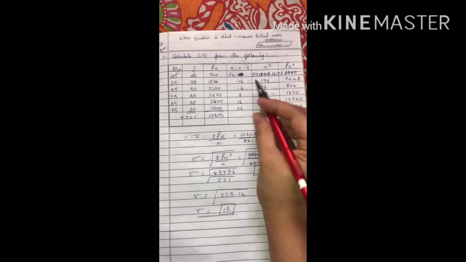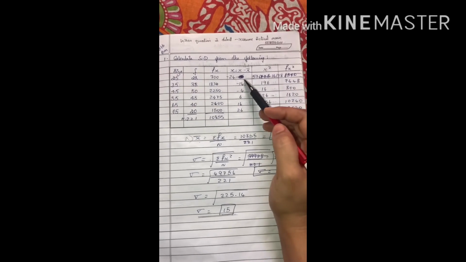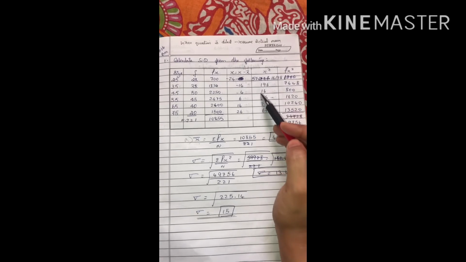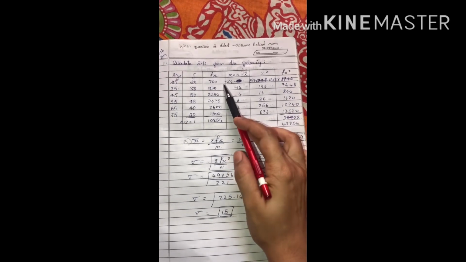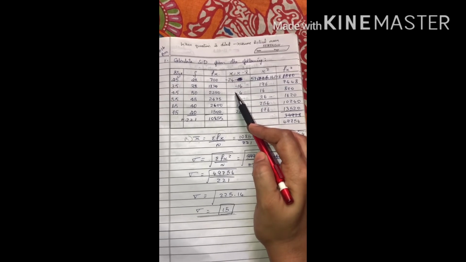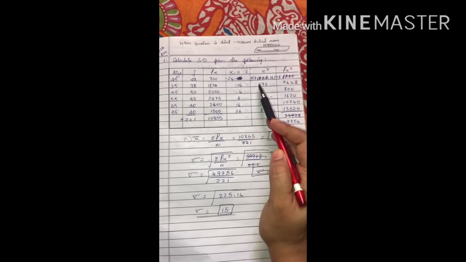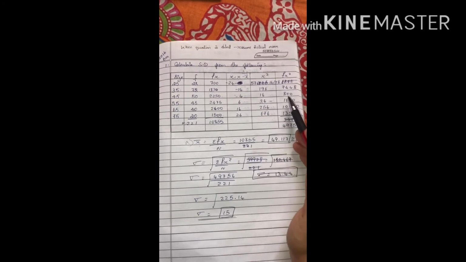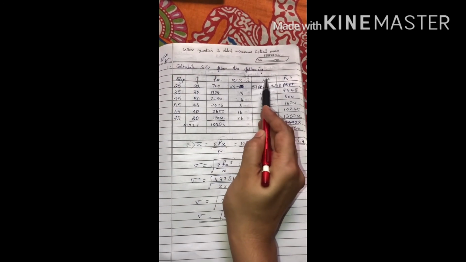Next column is the power of 2 of this column. You have to identify the square of these values, that is x square. I've done it here. You need to even write down the minus symbol here, as I told you in the last video. But whenever you do the square, minus and minus becomes plus and you're getting all positive answers. The next column is f into x square.